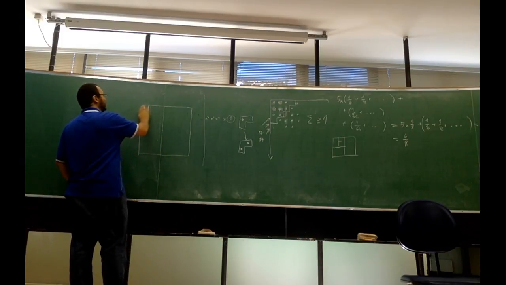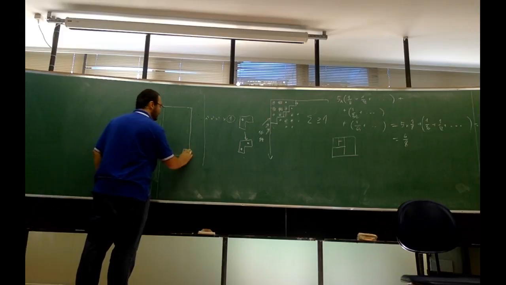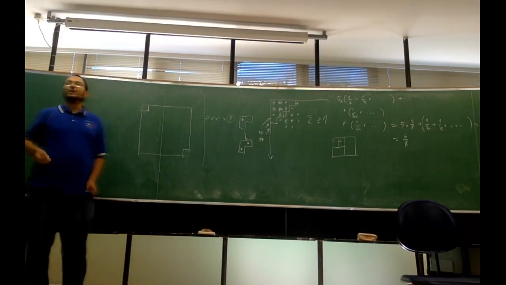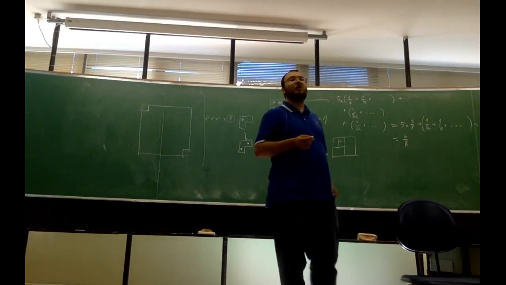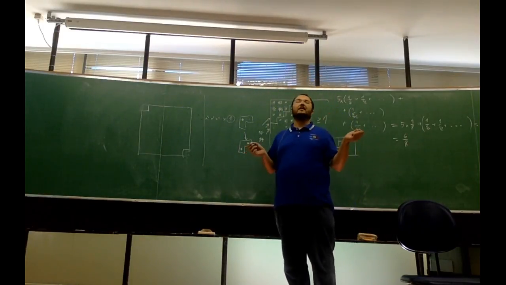Now you cut off 2 opposite corners, and the question is whether or not you can cover the entire chessboard by dominoes that have size 2 by 1.